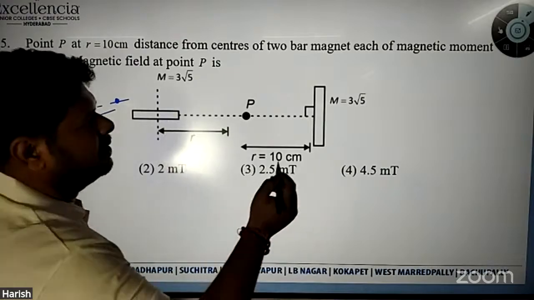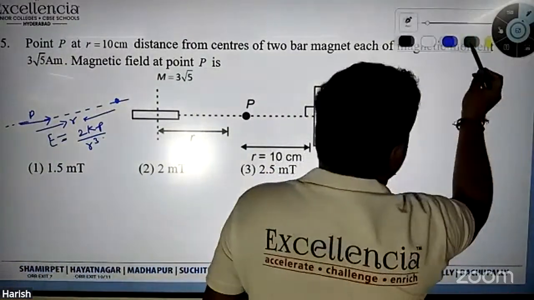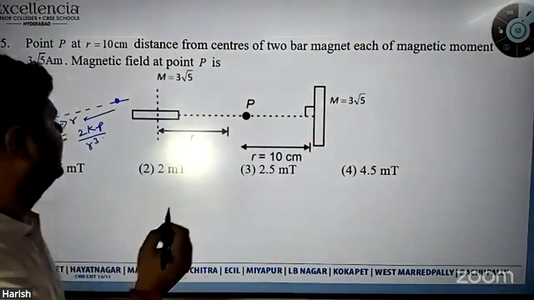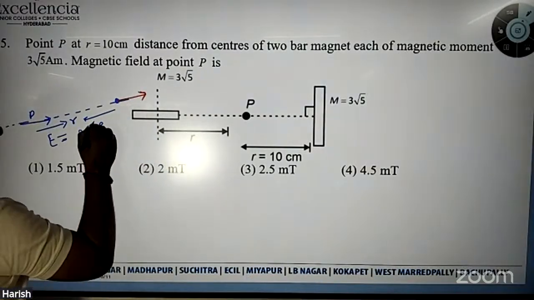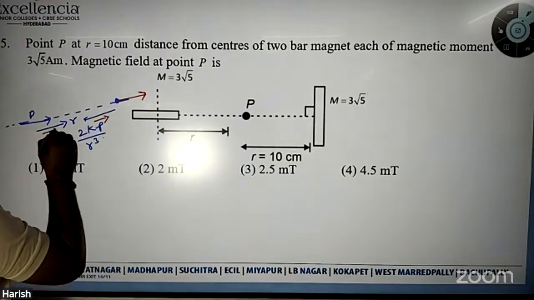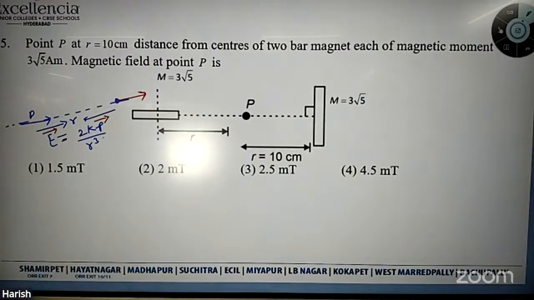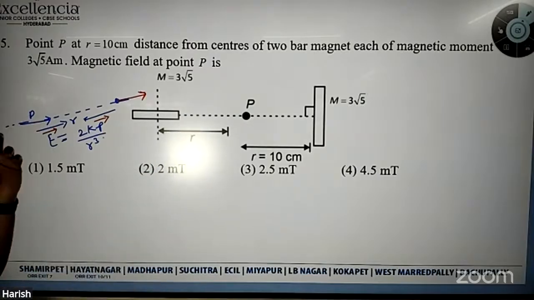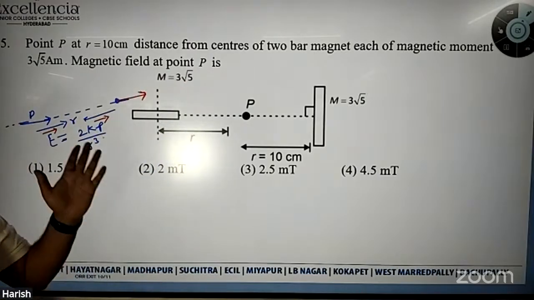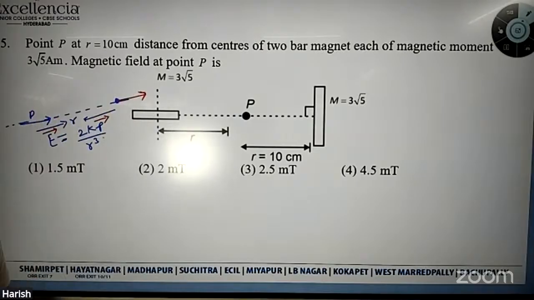It will be in the direction of the dipole moment. In vector form, it is p bar. So on the axial line, the electric field due to a dipole will be in the direction of the dipole moment. So in this given situation, it is towards the right side.